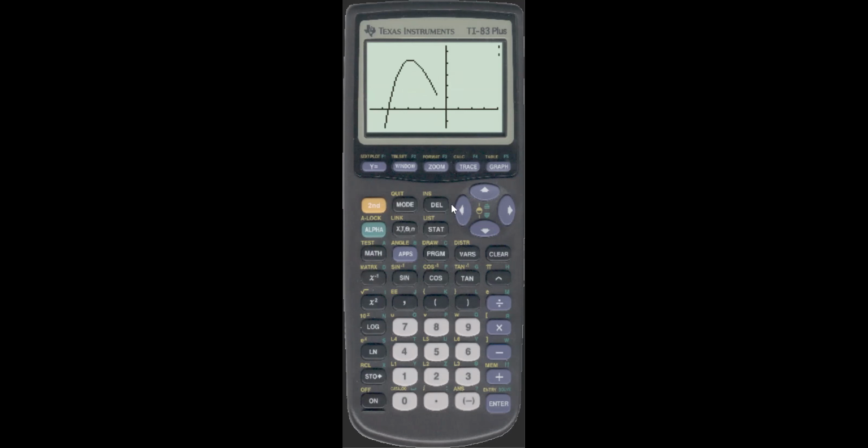What it does is make it a little easier to zoom in and see what you want. So this time we're going to do a second calc intersect. You do not have to do the zoom box. The way second calc intersect works is it wants the first curve, which means your cubic.